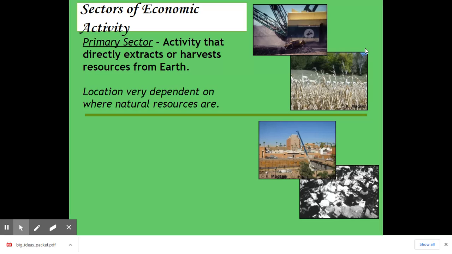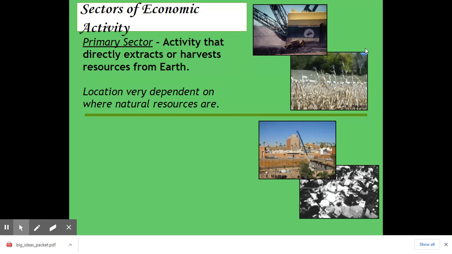Like if you look at the breakdown for the African continent has the majority of its people in the primary sector, where if you look down where tertiary is, the North American continent only has 4% of its population involved in primary activities. So, in this sector of the economy, you are actively working and spending your day mining or fishing or farming. Those are all examples of those jobs.